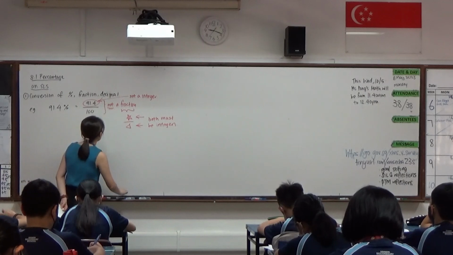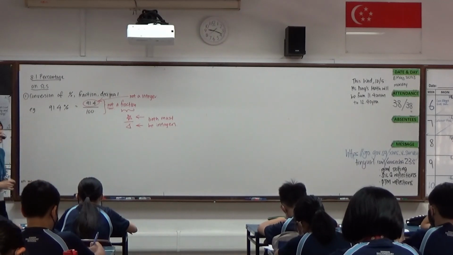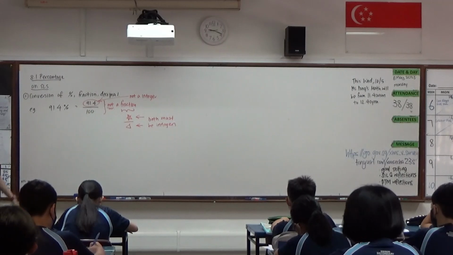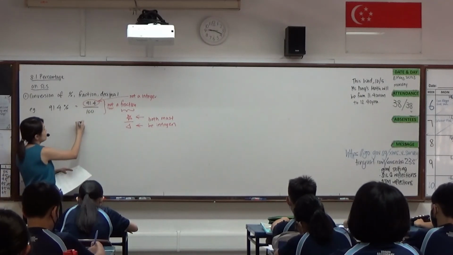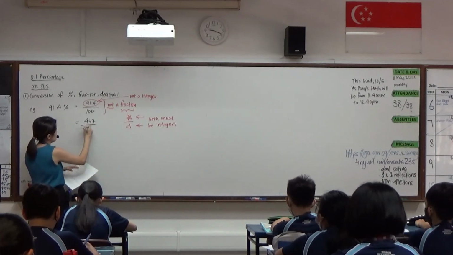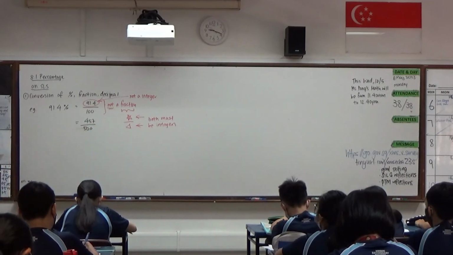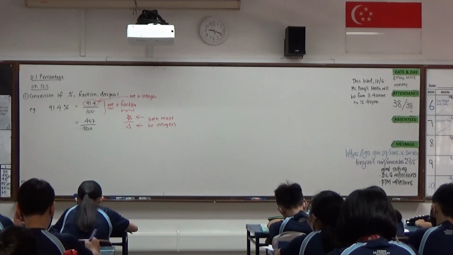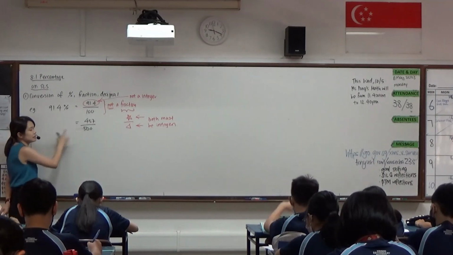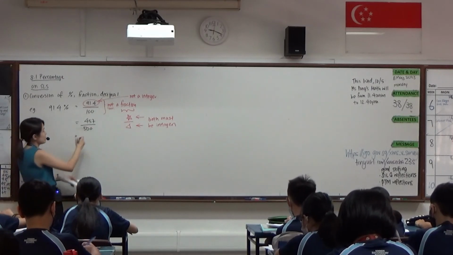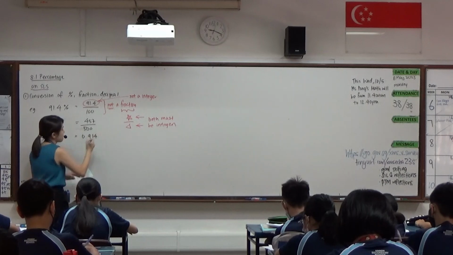So to convert it into a proper fraction, you can use your calculator to help you. 91.4 over 100, and then you see that your calculator will give you 457 over 500. And this is then a fraction. Then again, use your calculator to help you to convert 457 over 500 into a decimal, and you will get 0.914.